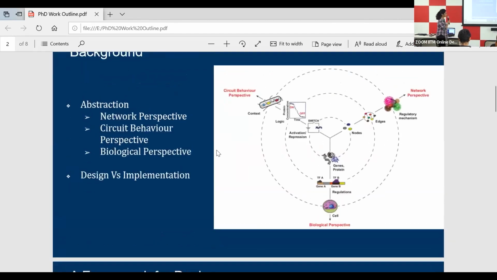There's one more important point that I want to make here: in my view, circuit design and circuit implementation are two separate tasks, where computationally designing a circuit need not get too much into the details of how to implement the circuit. So, a clear division between design and implementation.